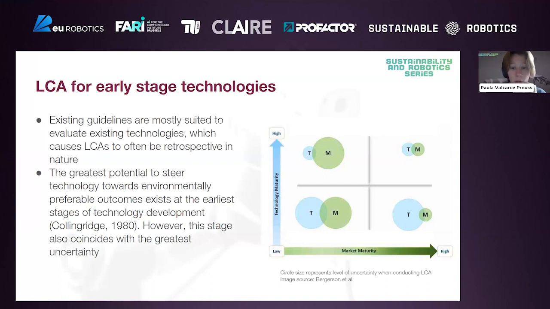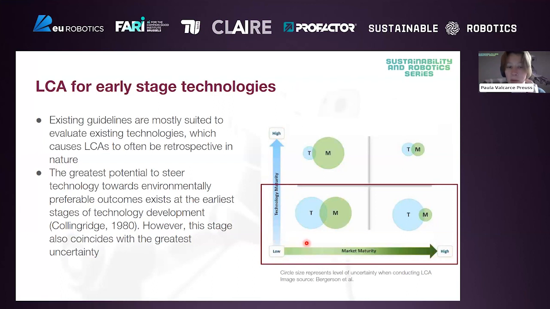So this is where robotics has a bit of a challenge sometimes. If we look at this graph at the right, we have these two dimensions with technology maturity and market maturity. And robotics usually operates in this lower corner. So we usually have a low technology maturity, so we're having newly developed robots. And then sometimes we're either introducing these to markets where it's a very common thing, so we're replacing a technology that exists with just something new, or sometimes we're having completely new uses for these robots.